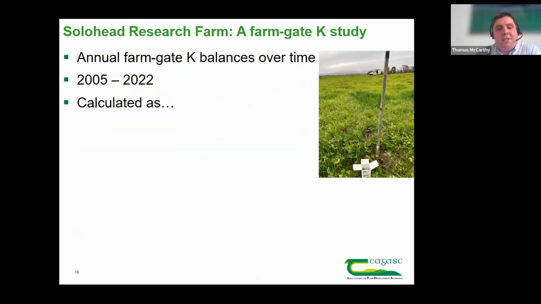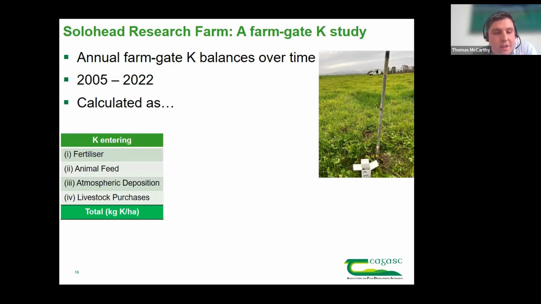Just to draw your attention then to some research that we did in Solohead Research Farm. So I conducted an annual farm K balance for the farm gate over time for Solohead Research Farm. I had long-term data sets from 2005 to 2022. How we calculated the balance for the farm for potassium is we got the sum of all the potassium that entered the farm. That would be in fertilizer, animal feeds, livestock purchases, and then an element of atmospheric deposition.